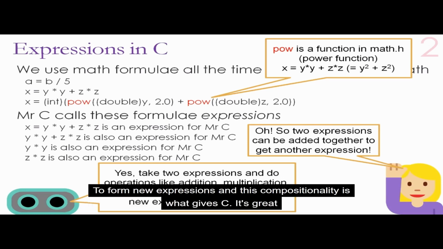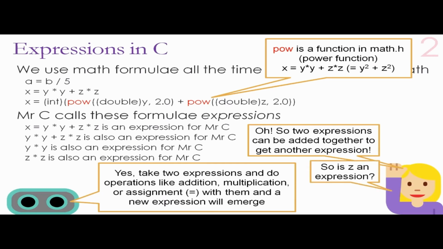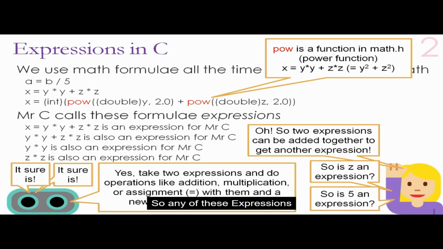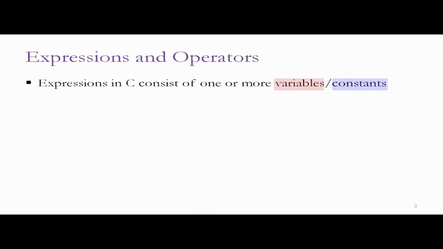And this compositionality is what gives C its great expressive power. So any of these expressions that eventually resolve to a single number is an expression. That's what you can define an expression as in C.